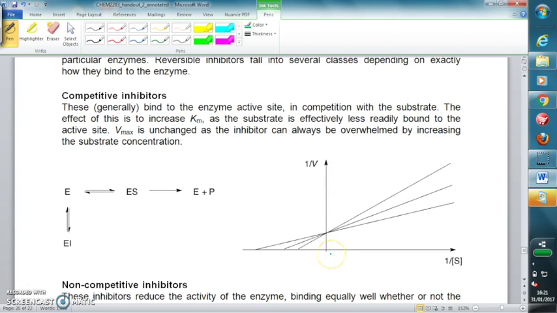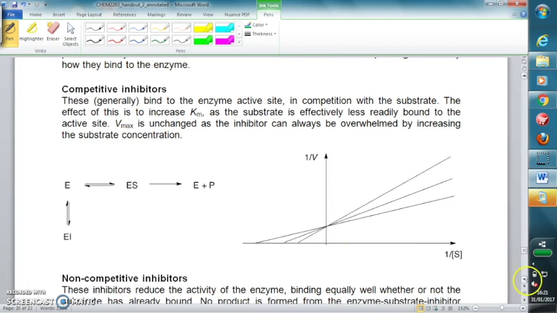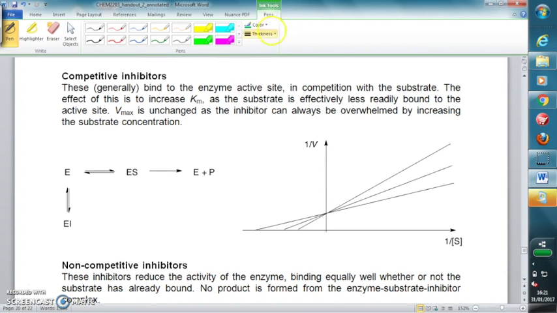And if we plot that on a Lineweaver-Burk plot, this is what we get for a competitive inhibitor. Okay, so here's the line if we have no inhibitor. And here are increasing concentrations of inhibitor. And you'll remember that the point at which these lines cross the y-axis is 1 over Vmax. So because Vmax is the same, in all cases they all cross the y-axis in the same place.